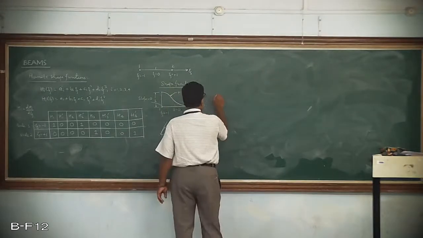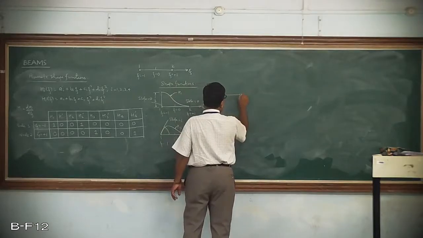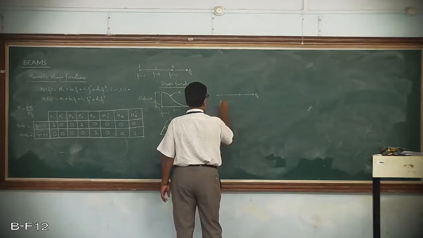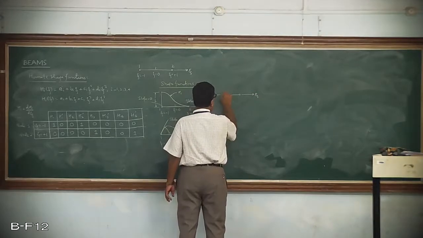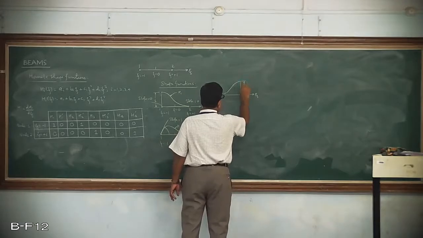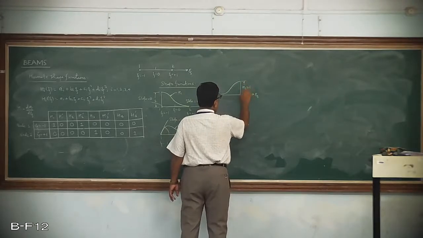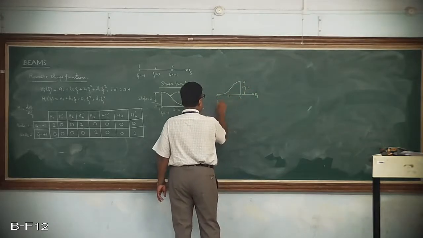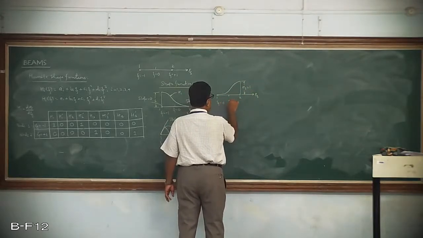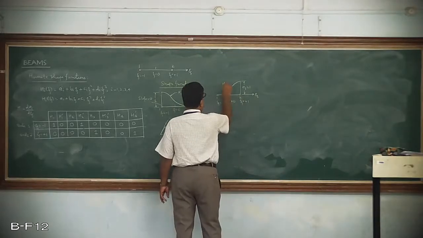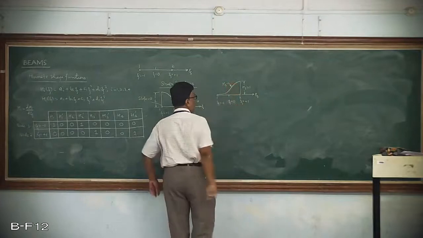Similarly, let us go for H3. This is again zeta, and here it is going to be like this. H3 is equal to 1 at node 1. See here, this is again zeta equal to -1, zeta equal to 0, zeta equal to +1, and this is the variation of H3.